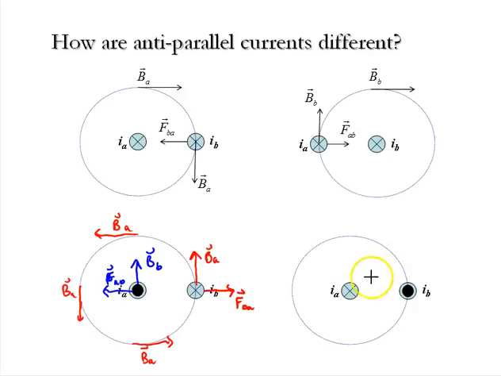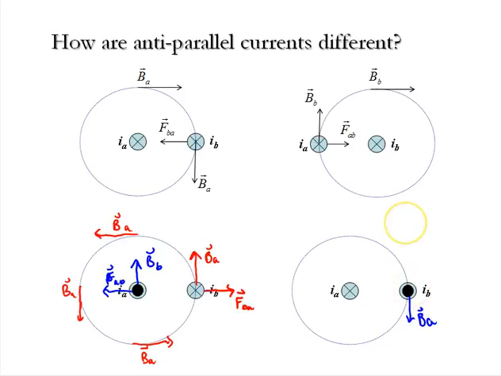Now if we look at this other similar scenario where we have anti-parallel currents, in this case our magnetic field due to current in A, when we get to I_B, is still going to be pointing downward. So there's our B_A. That's the same scenario, but now our current I_B is pointing towards us.